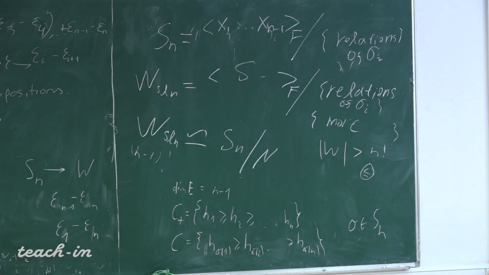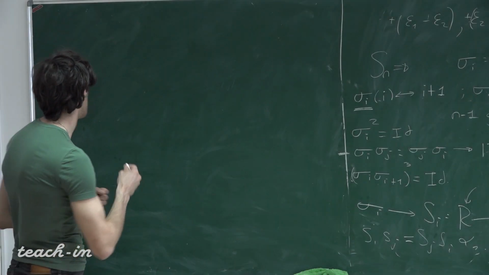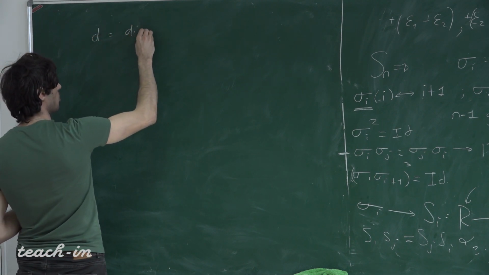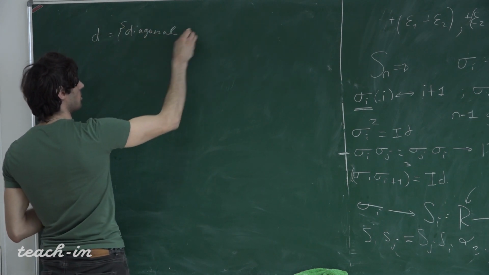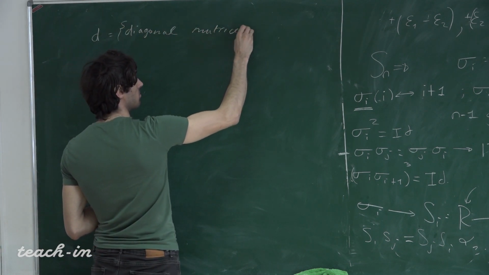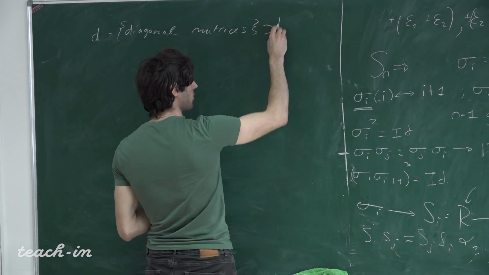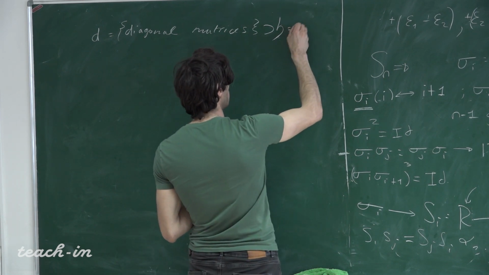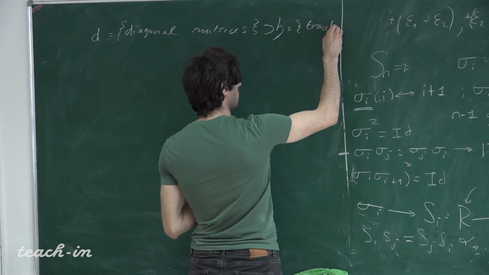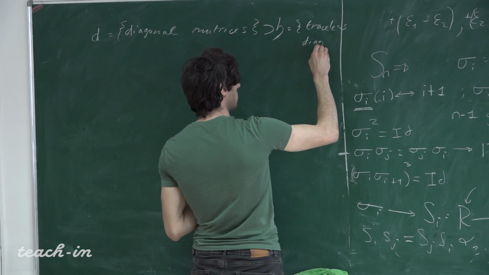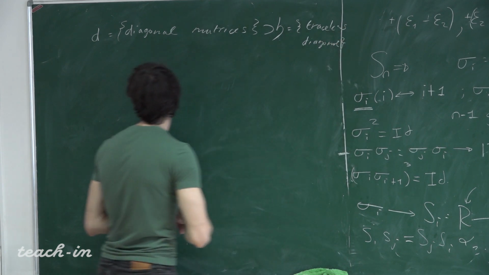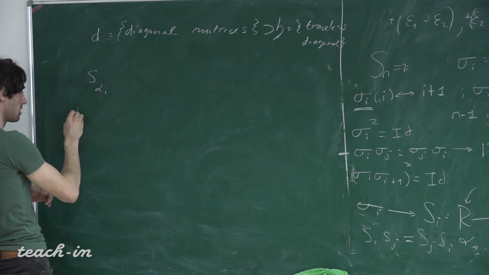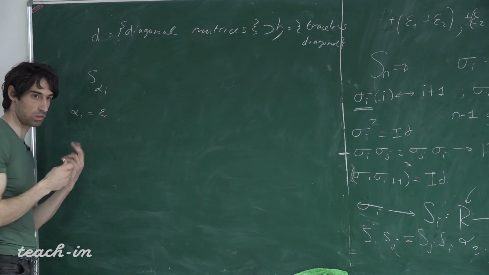So let me erase something. I would like to have D, again, all diagonal matrices. And inside you have H, which is traceless diagonal. So your s_alpha_i, where alpha_i are your simple roots.